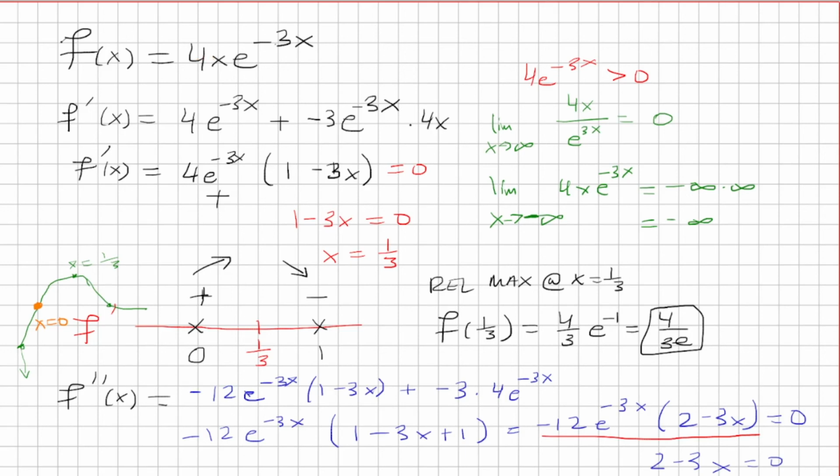I get 0 times 1, so that's 0. So it starts at 0, increases. It reaches at this point x equals 1/3, which is 4 over 3e, and then it goes down to 0 again. So clearly the absolute minimum has to be 0. And that's our answer.